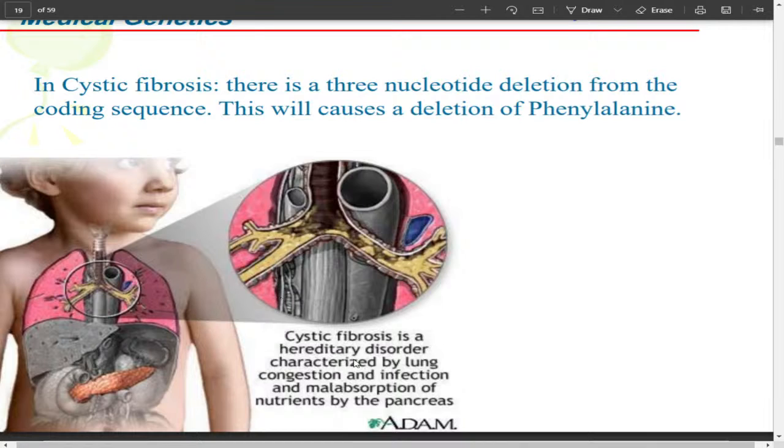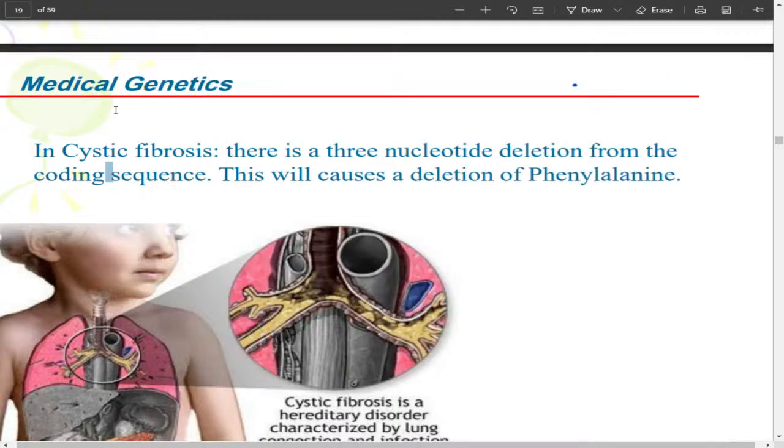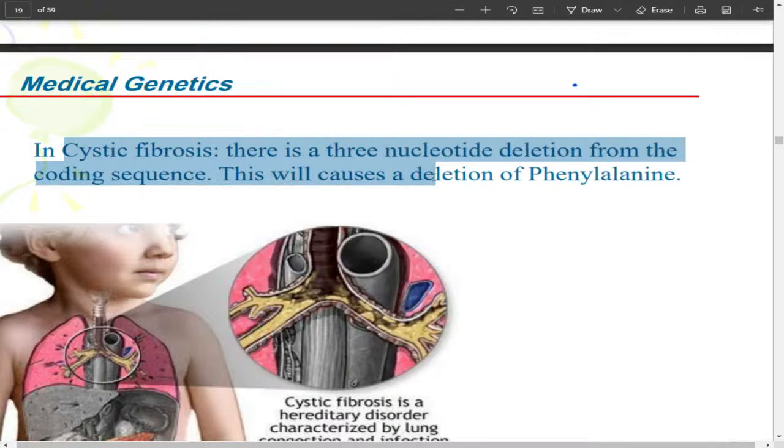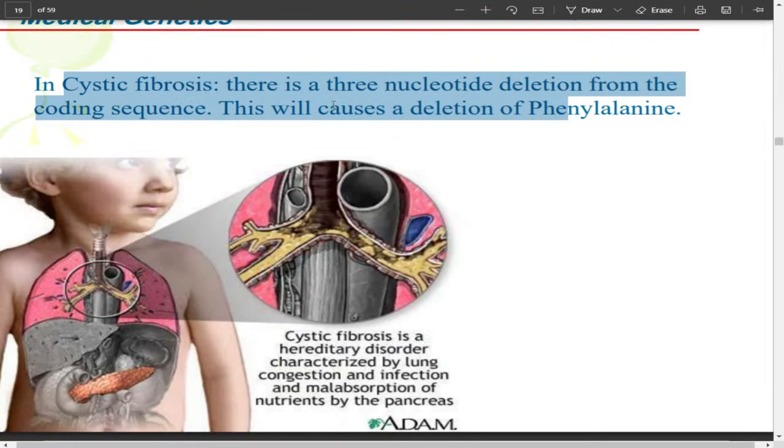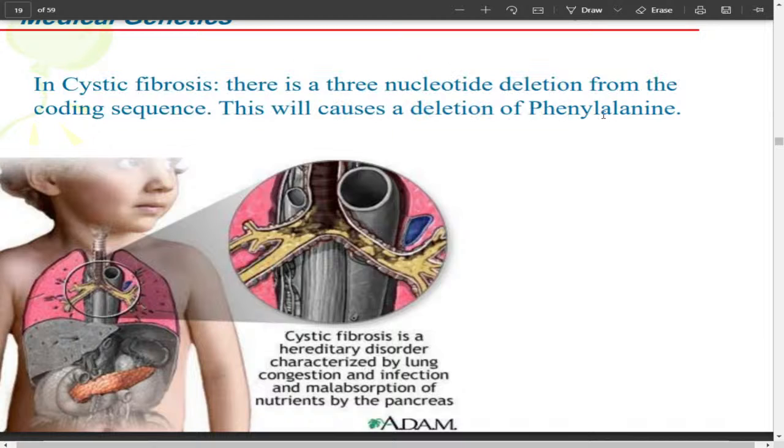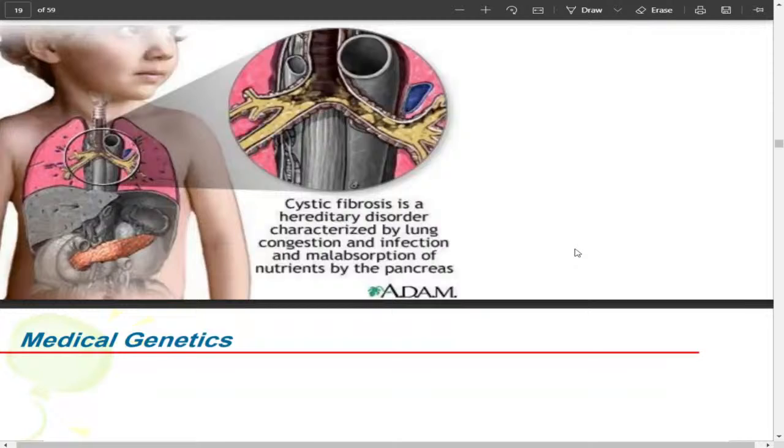A very important classification is cystic fibrosis, and the phenylalanine is related to cystic fibrosis.